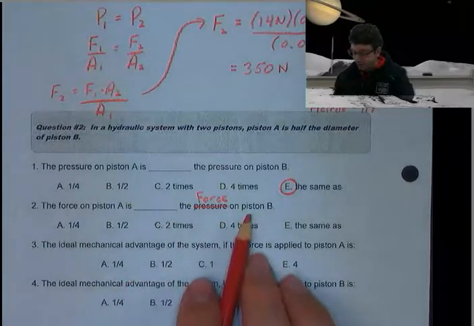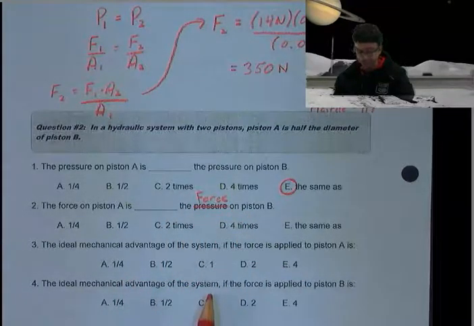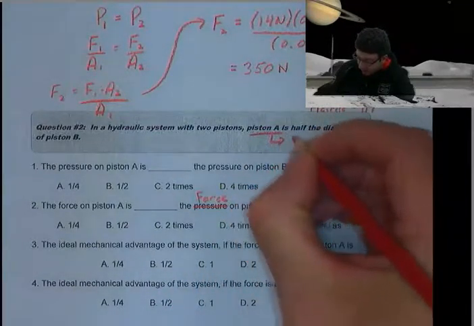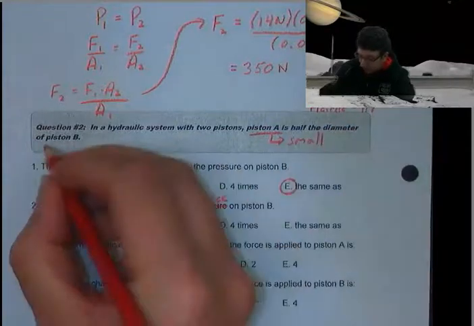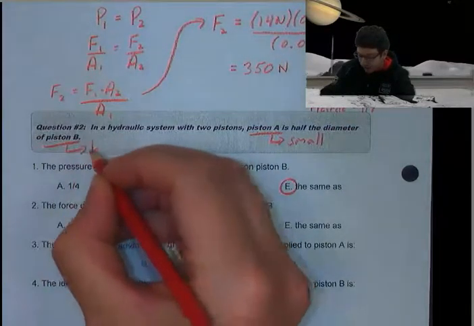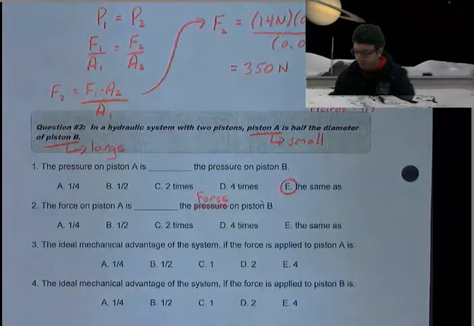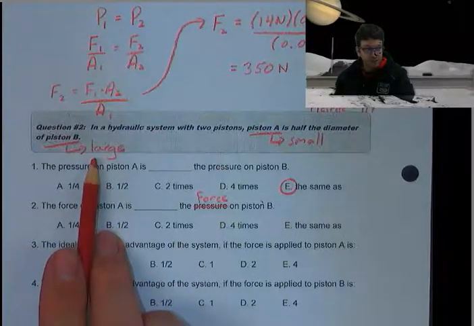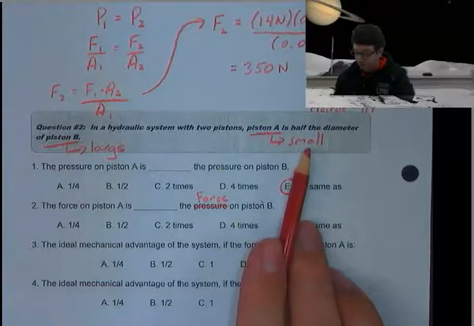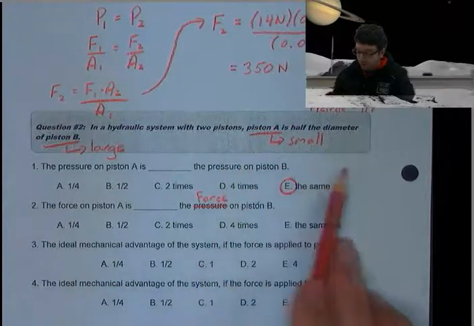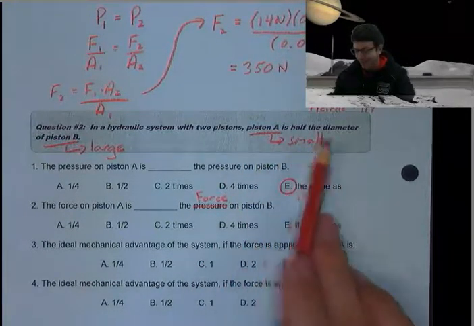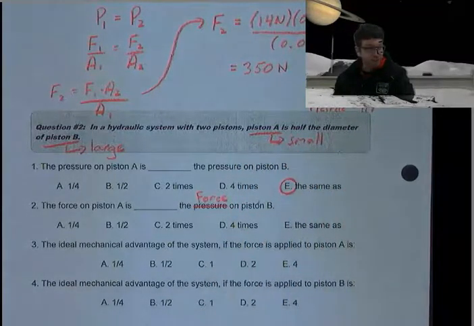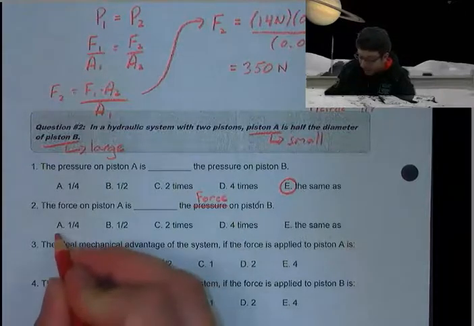Okay, remember piston A is our small one. Piston B is our large one. Okay, so larger area, larger force. Smaller area, smaller force. So the force on piston A should be much smaller than the force on piston B. So it should be one of these two.